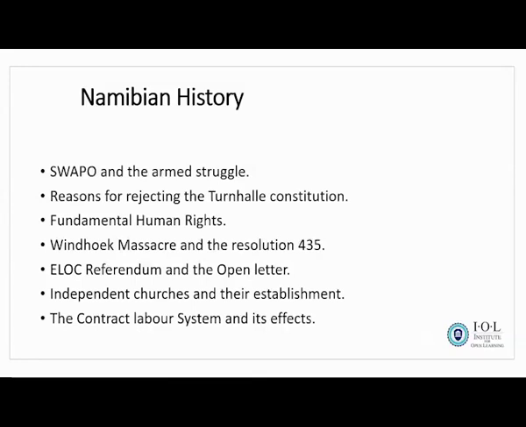You should also know the reasons for rejecting the Tenhull Constitution. Remember, first they held a Tenhull conference. As a result, after the conference, they came up with a Tenhull Constitution.